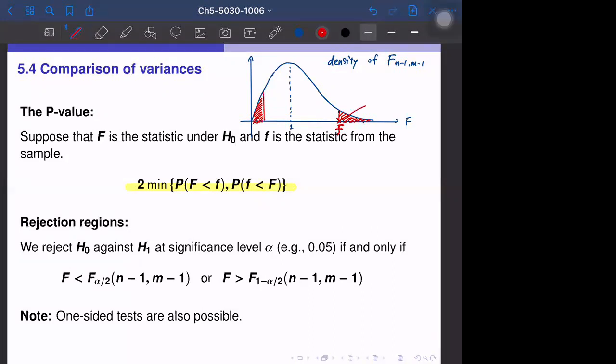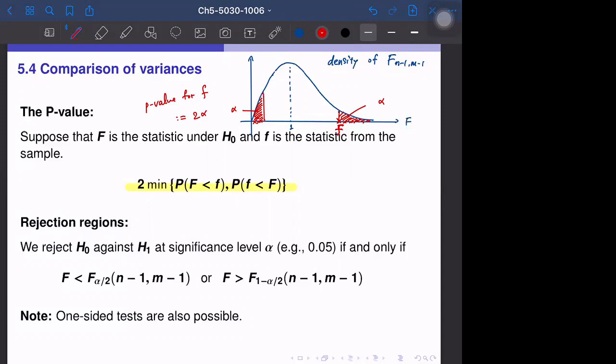So if this area is alpha, then we also think about the opposite tail, and the p-value for this F statistic is equal to 2 alpha. That is our definition of p-value.